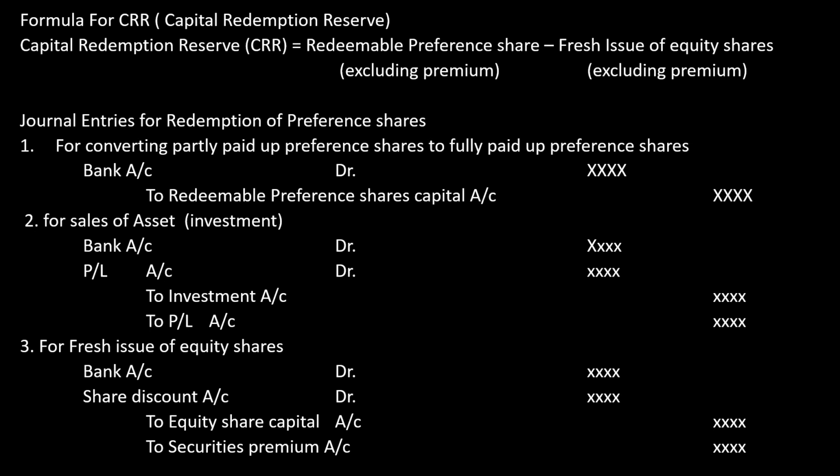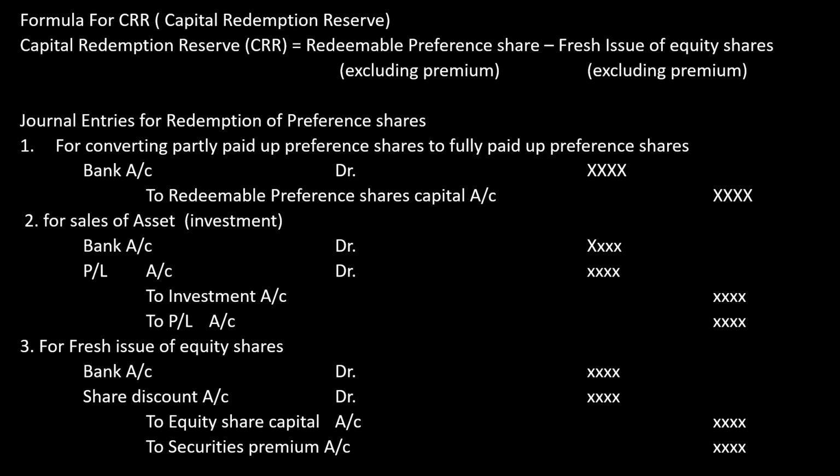The redeemable preference share capital will not include any premium of redemption, and the fresh issue also will not include any premium on fresh issue. So only the real value will be taken here. In other words, CRR is equal to redeemable preference shares minus fresh issue. That's the formula.